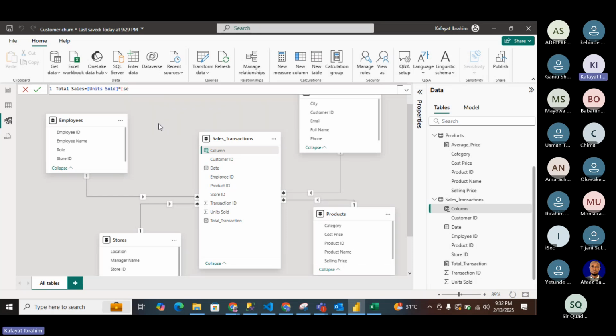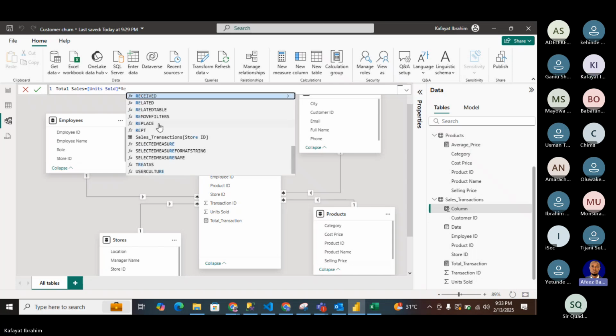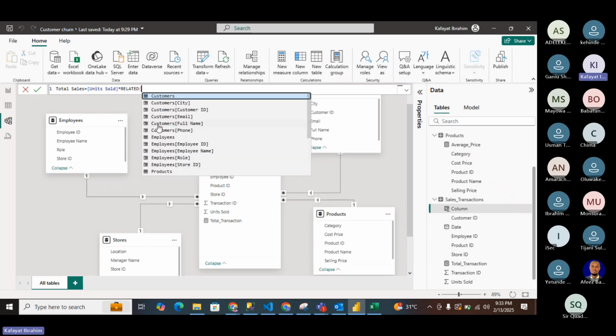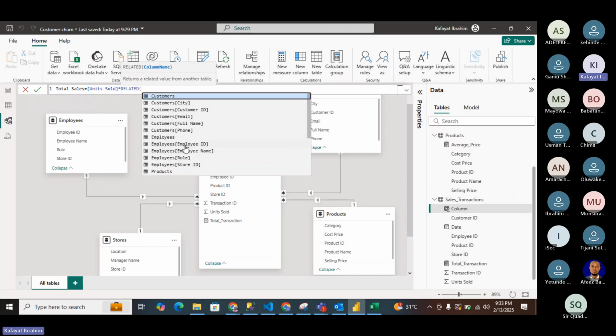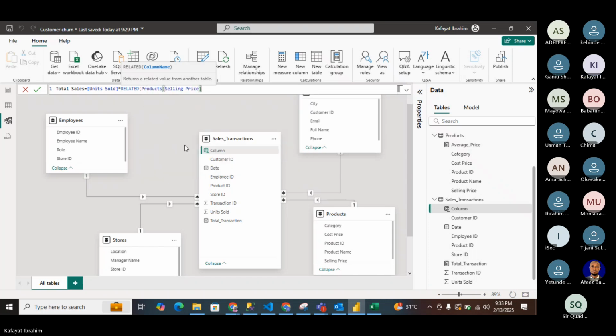Selling price. Yeah, use RELATED. They have a relationship, right? I think, yeah.